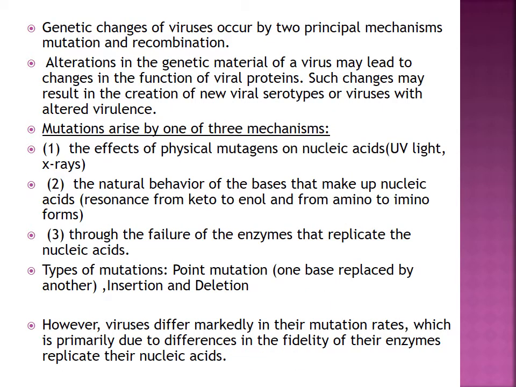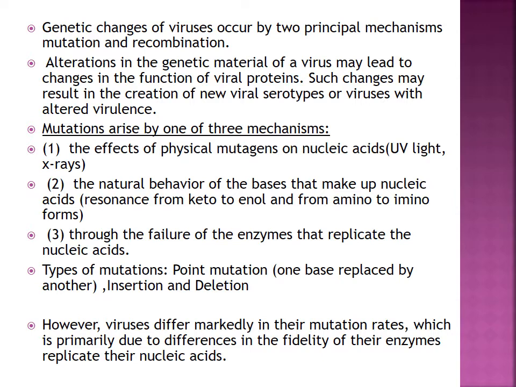Genetic changes of the virus can occur by two principal mechanisms, either mutation or recombination. Alteration in the genetic material of a virus may lead to a change in the function of the viral protein. Such changes may result in the creation of a new viral serotype or viruses with altered virulence.